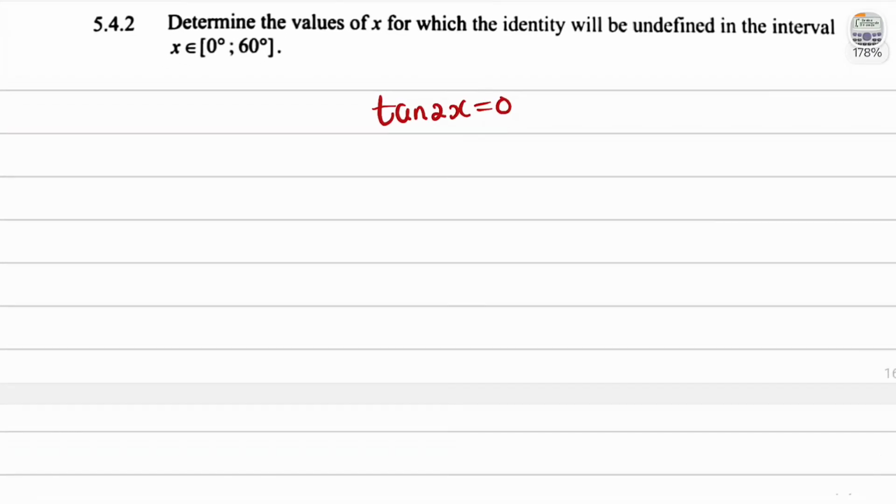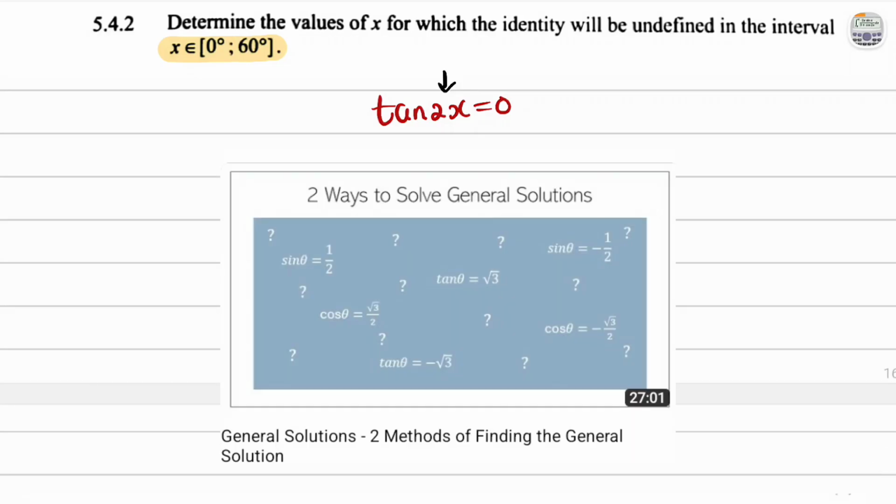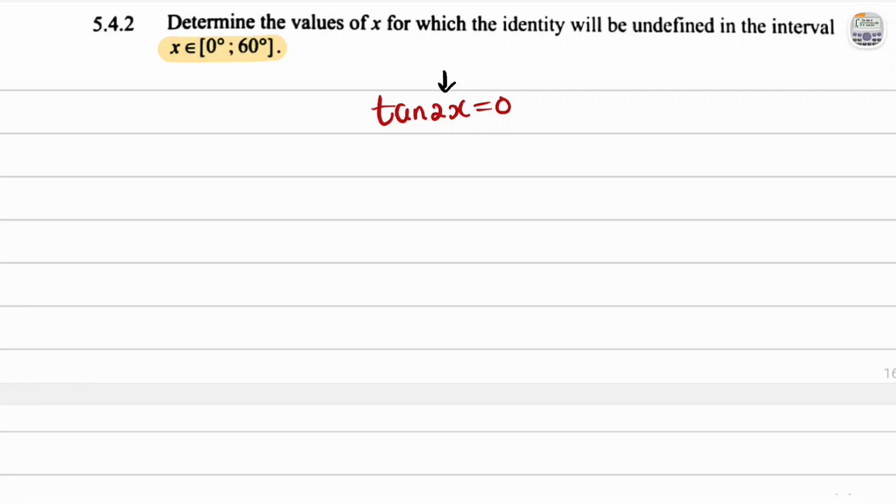Okay, so it's like general solutions, and then we're just going to find the specific solutions. So you're going to treat this as your reference angle, and I'm going to try and use this as a way to correct a mistake that I made in that general solutions video I made when I spoke about the easy method, the quick method, and the standard method that we work with.